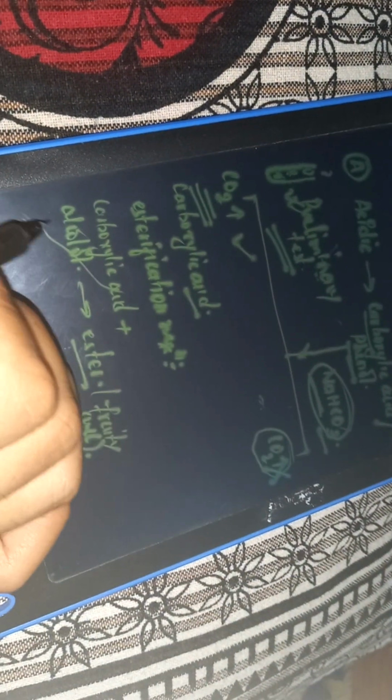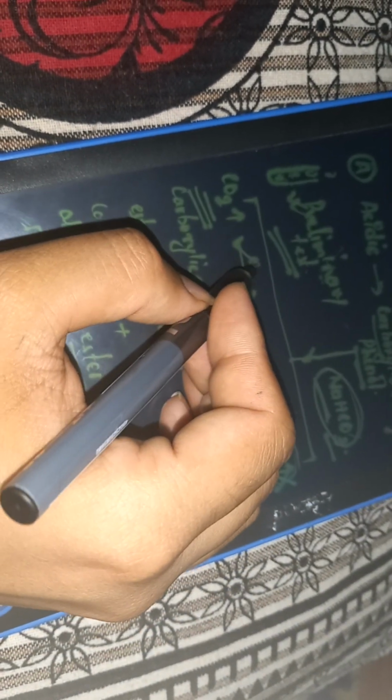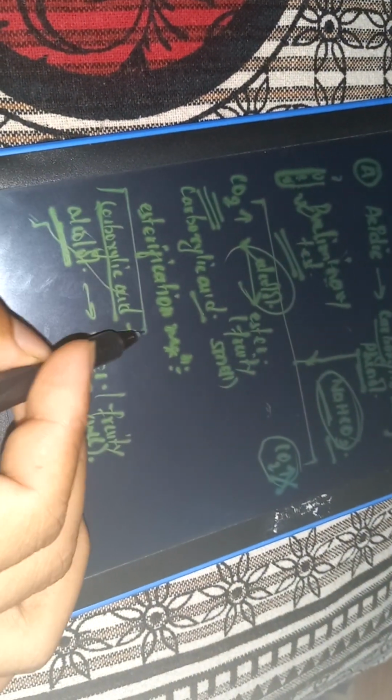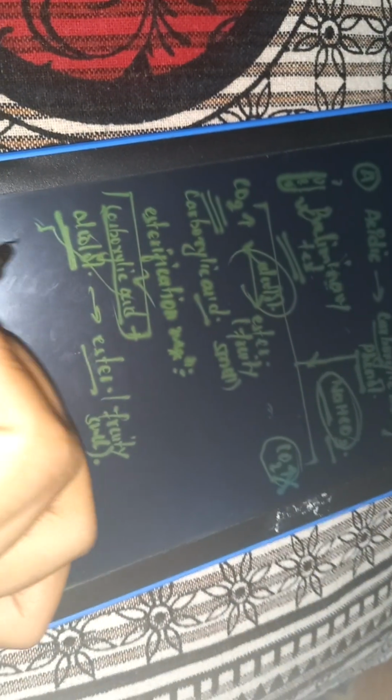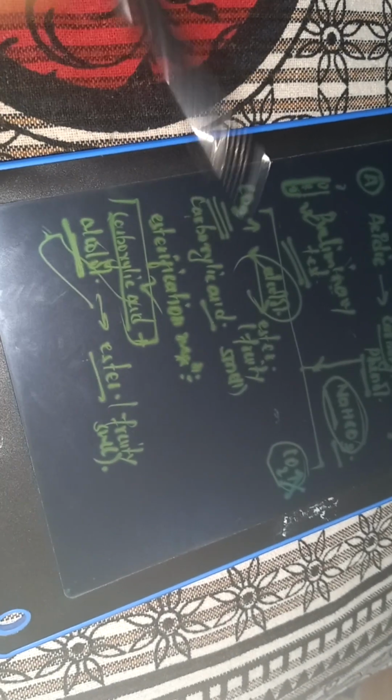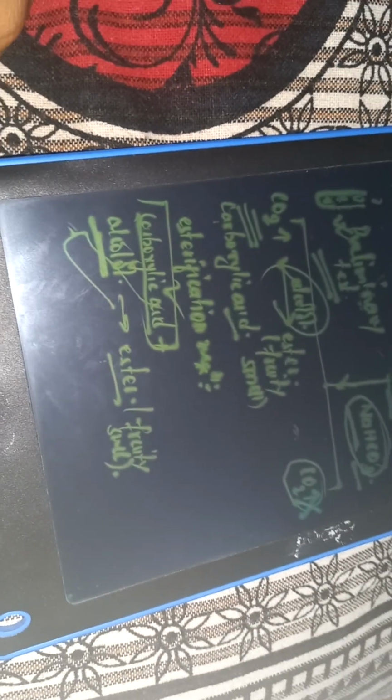So in the same reaction, if you add alcohol here, it will give an ester and a fruity smell, which means that if you add alcohol here, then there must be a carboxylic acid. Then it is confirmed that the organic sample is a carboxylic acid. I hope you understood this reaction.